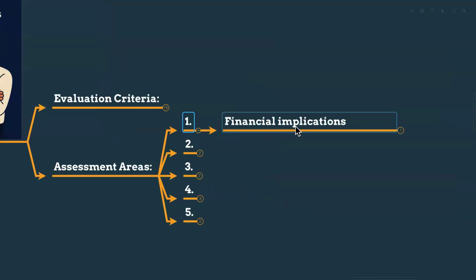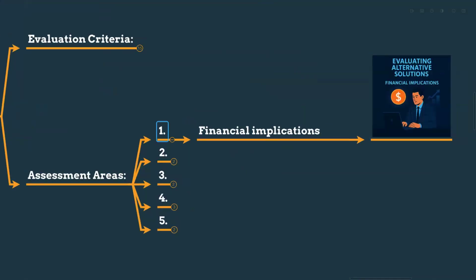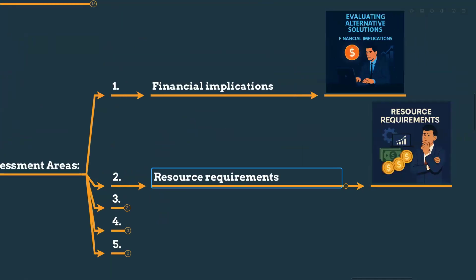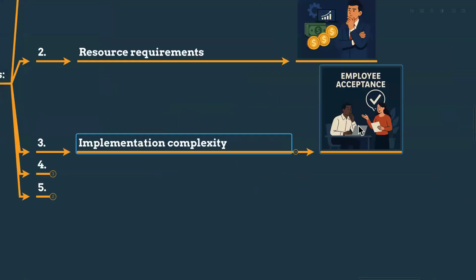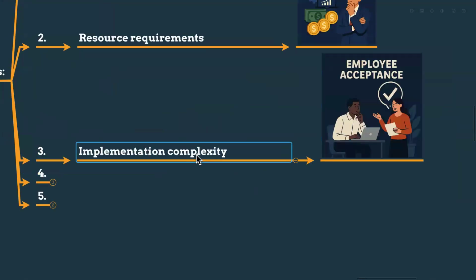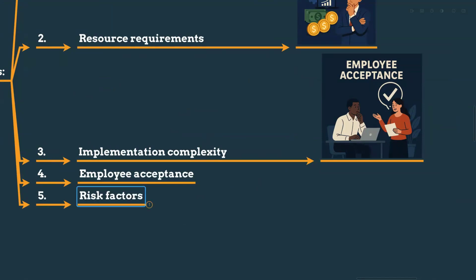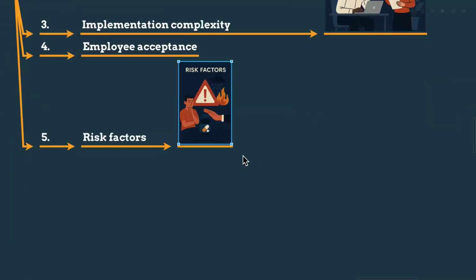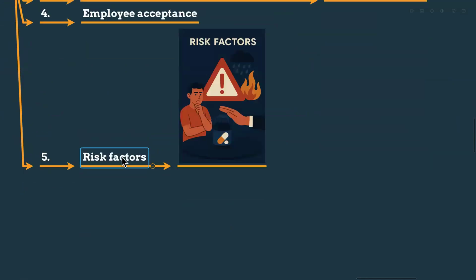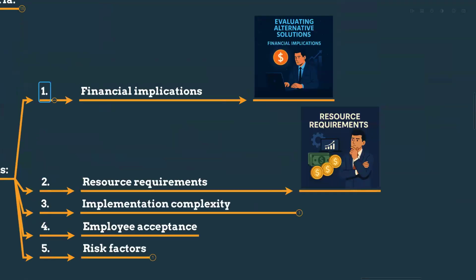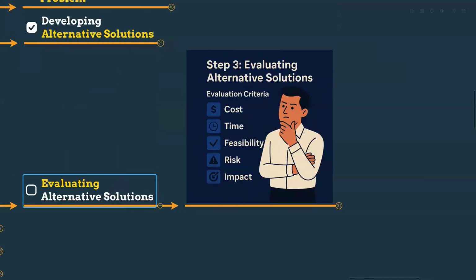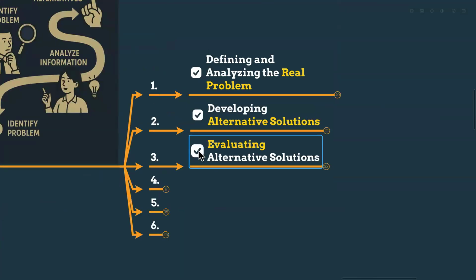So the assessment areas when you are choosing the alternatives: the financial implications you have to consider, the resource requirements for that option, the implementation complexity, as well as the employee acceptance, right? And also the risk factors, right? So these are the things you have to consider in your assessment when you are evaluating the alternative solutions.